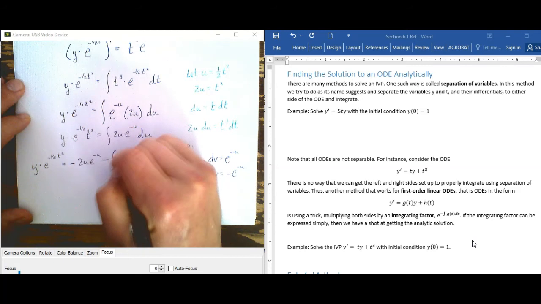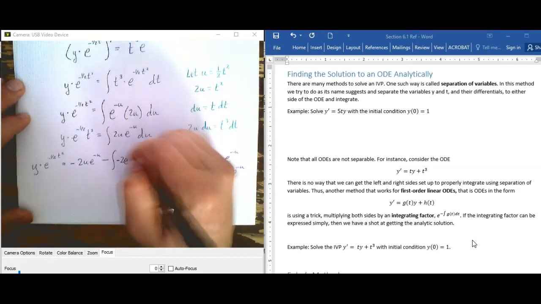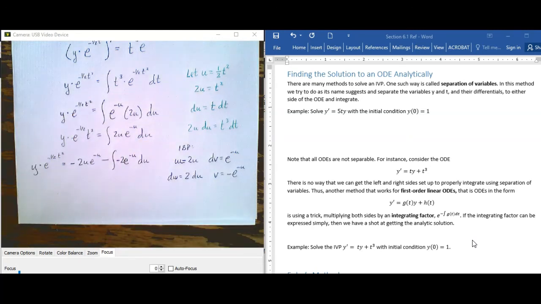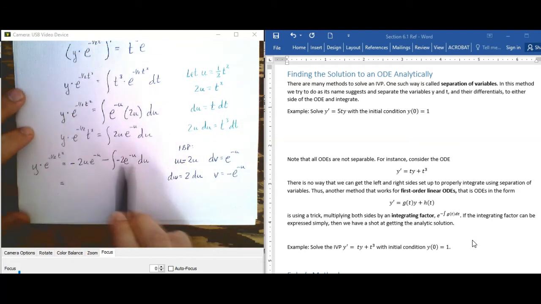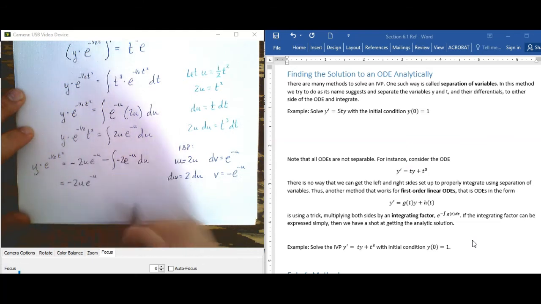That would be negative 2u e to the negative u plus the integral of 2e to the negative u du. And this integral is doable here, right? So we get negative 2u e to the negative u minus this antiderivative, which would be 2e to the negative u, plus c.